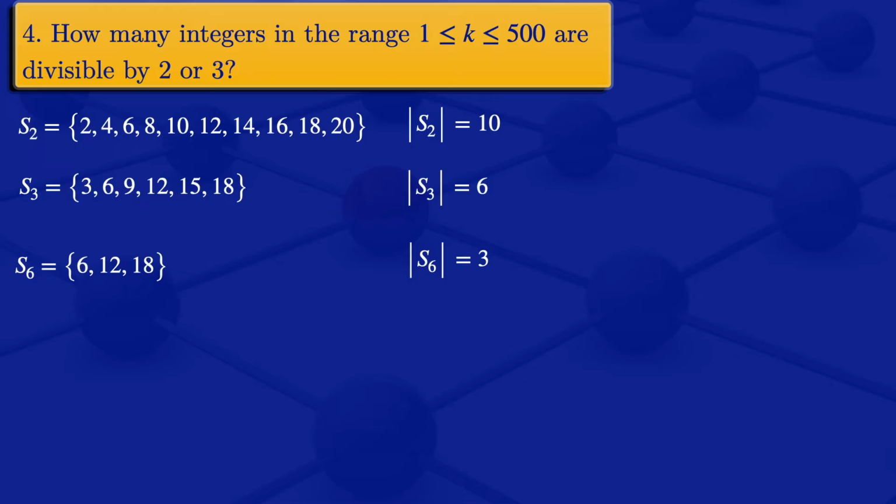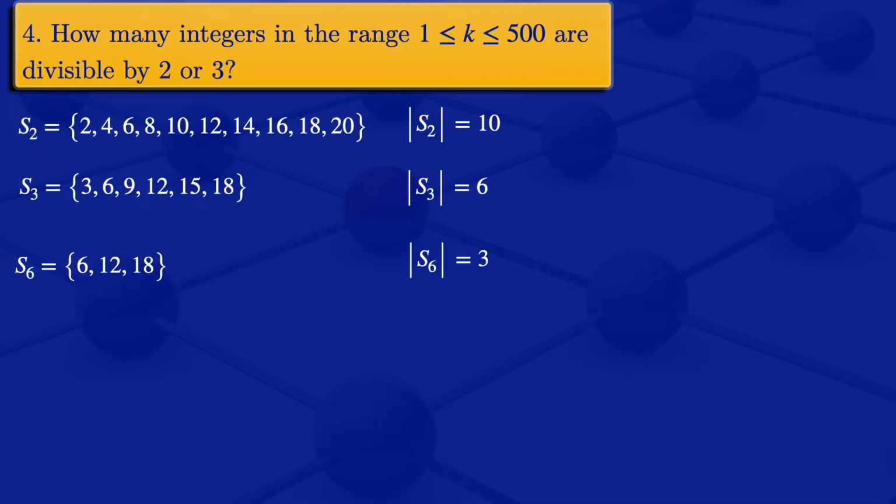But when the range is a bit large, it might be difficult to count those elements one by one. For example, in question number 4, where we are going up to 500. So there's another method of using the floor value.